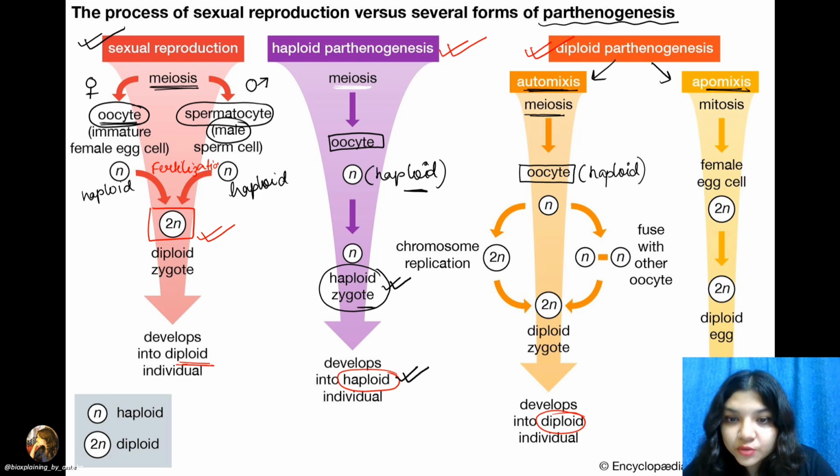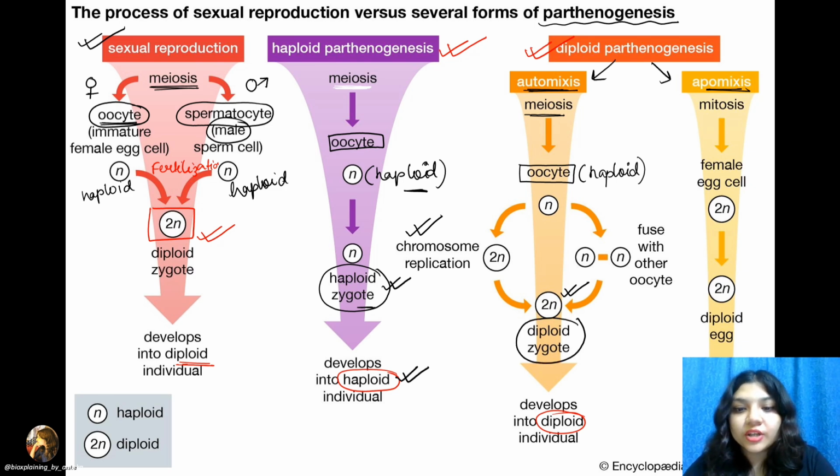So when it fuses with another oocyte, then what happens? N and N will give rise to 2N diploid zygote. Or what can happen is this haploid oocyte can undergo chromosome replication. And as soon as वो replicate हो जाता है, तो N becomes 2N again. Right? So that also gives rise to the diploid zygote. So from this diploid zygote, a diploid individual is formed.